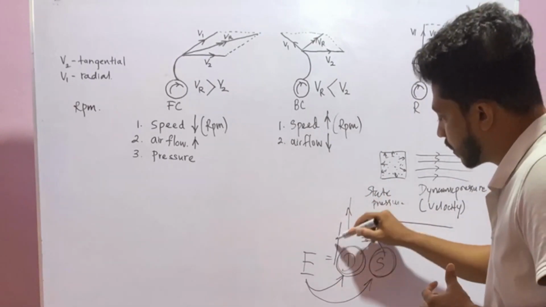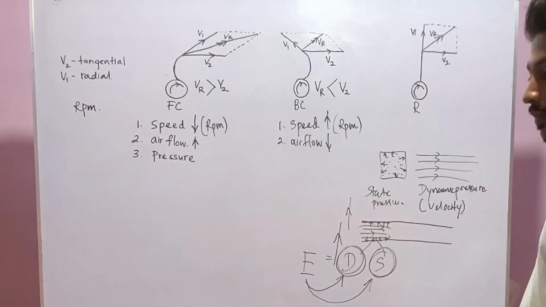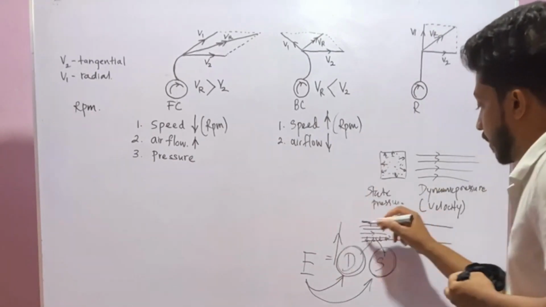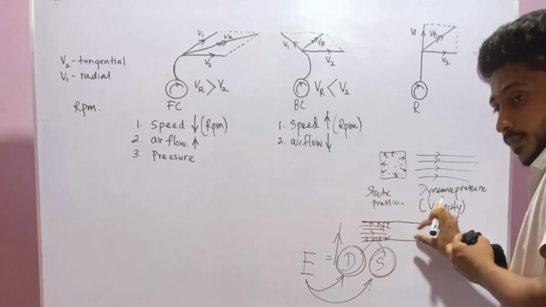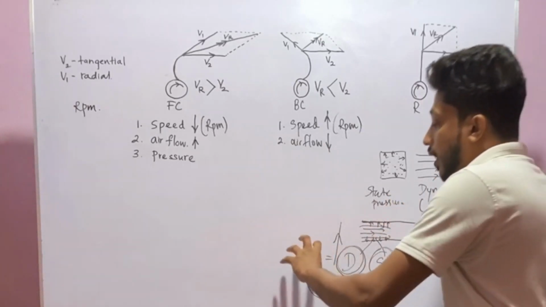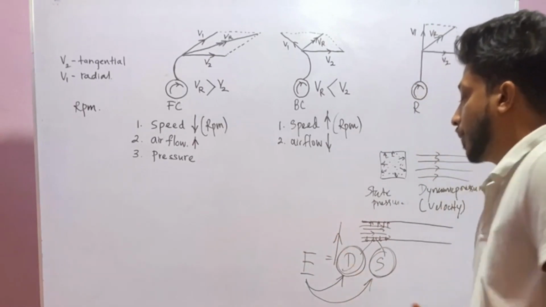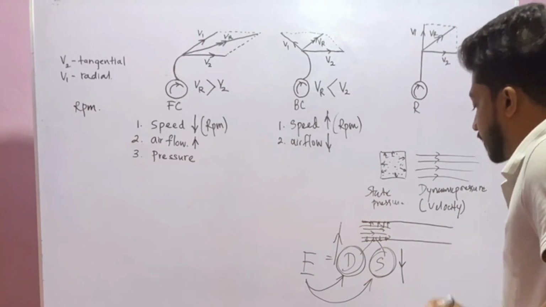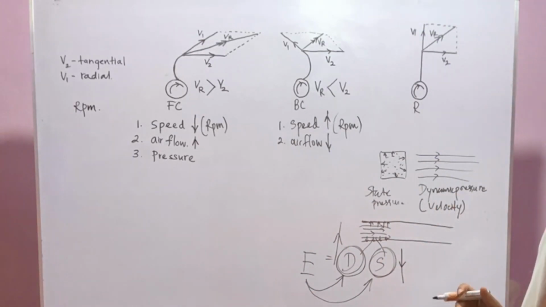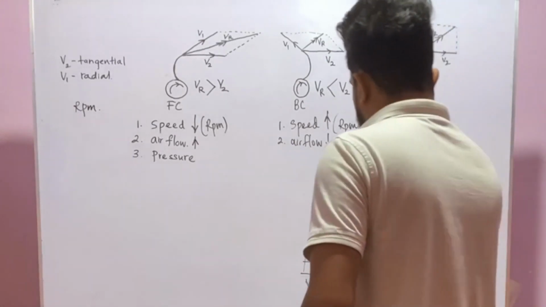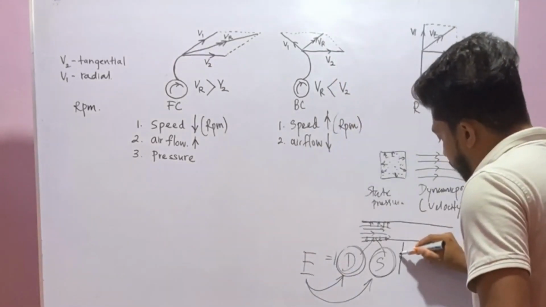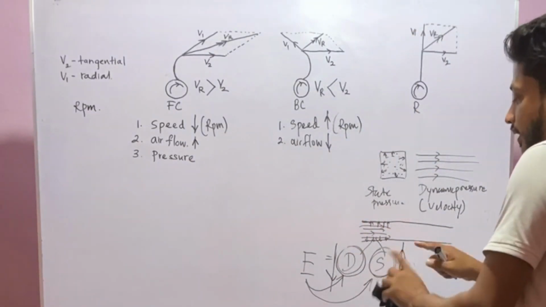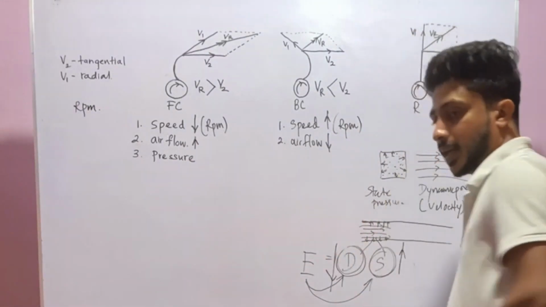That means dynamic pressure should be increased, because dynamic pressure is due to velocity. So dynamic pressure will be increased if the velocity of this stream is increased, but energy should be constant. To be constant, this static pressure should decrease. Okay, if static pressure is increased, dynamic pressure should be decreased. So dynamic and static pressure have a relationship like this.